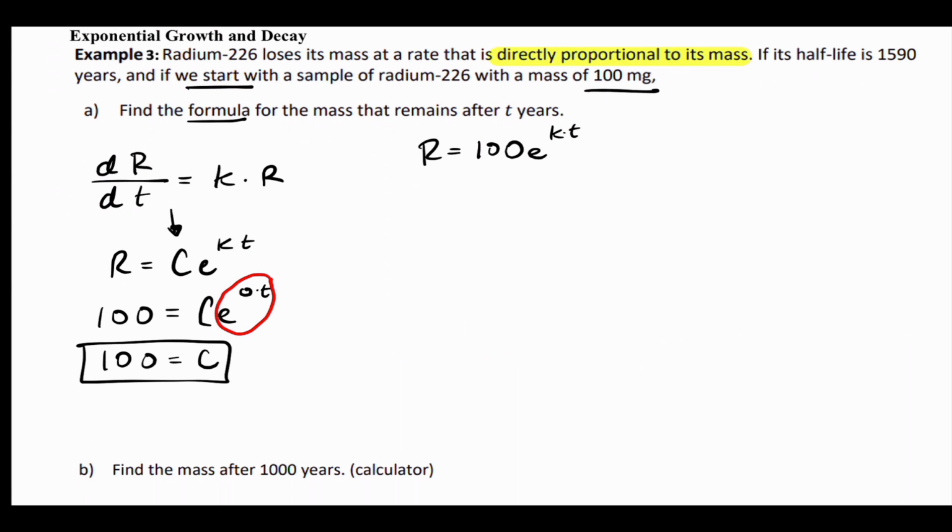What other piece of information do I have? 1,590 years, since its half-life is 1,590 years. Okay, so what does that mean? What is a half-life? You learn it in chemistry. What is half-life?